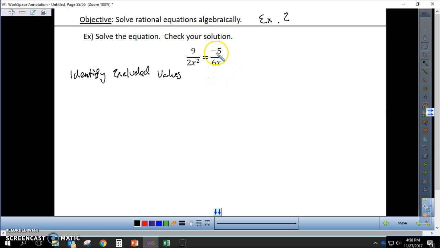Since I have 6 times x, if x is 0, then that will make my denominator 0, so 0 is an excluded value. Additionally, what we really have here is 9 over 2 times x times x. I just expanded this out instead of exponential form, and this will also help us with our LCD as well.